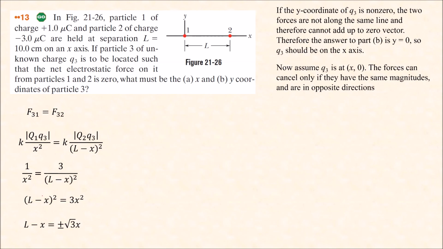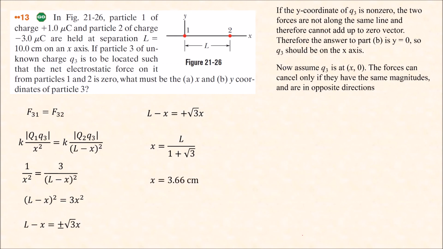Remember, when you take the square root of an equation, in order not to lose any solutions, you have to put positive and negative, okay? For positive, x goes to the other side, you factor x and get 1 plus the square root of 3, so x becomes L over 1 plus square root of 3.